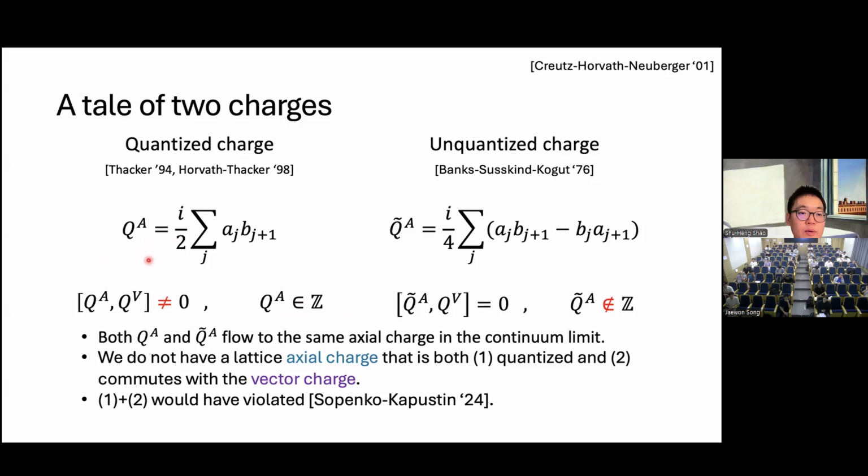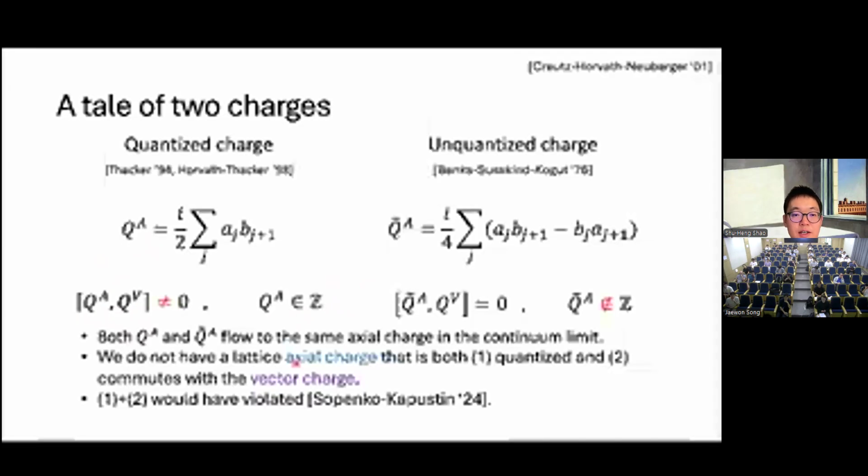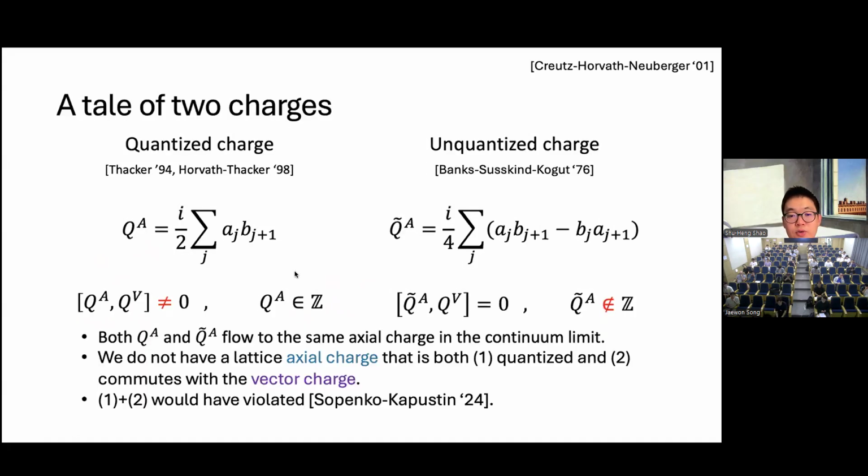You see, here we mostly talk about QV and QA. If you want to get a left-moving U(1) charge, you have to take their sum. But since QV and QA are non-commuting matrices, their sum, even though individually they have integer eigenvalues, will not have integer eigenvalues. So in neither case can we construct a left-moving U(1) symmetry with integer eigenvalues. And that's why it's consistent with the no-go theorem proven in the literature. This is also closely related to the Nielsen-Ninomiya theorem.